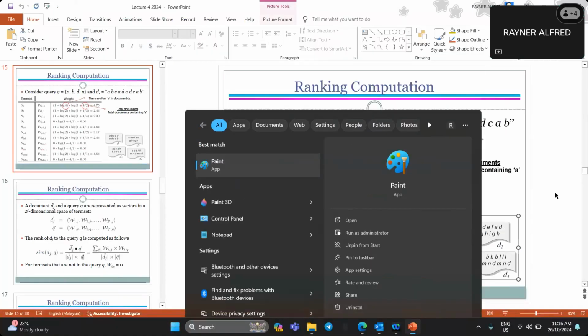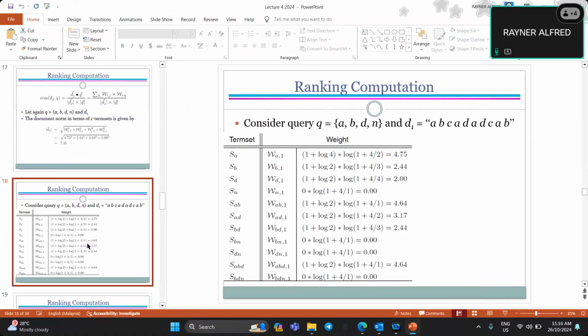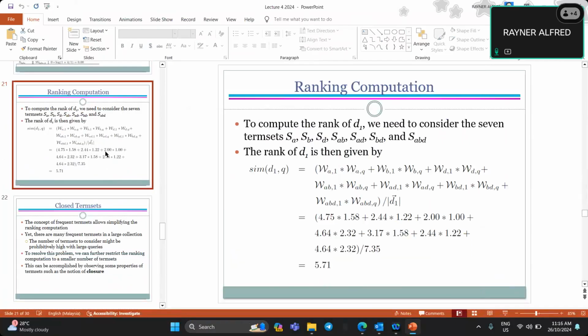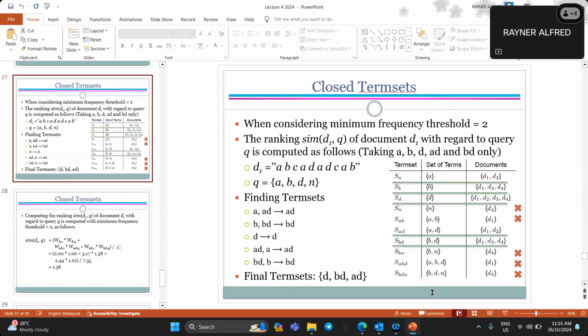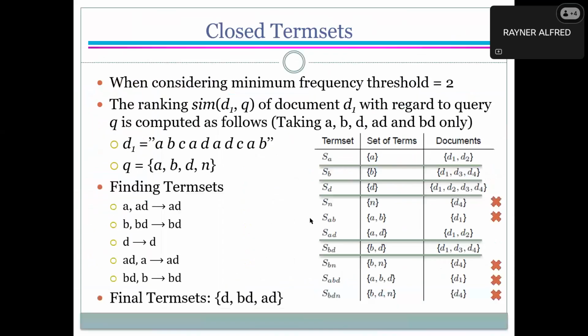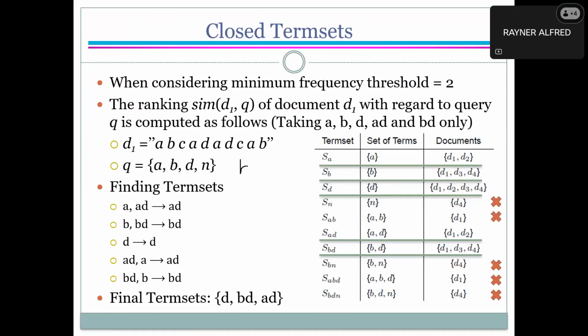Let's suppose I change this one to BD only. So from BD, you have B, and then you have D, and then you have BD, right?